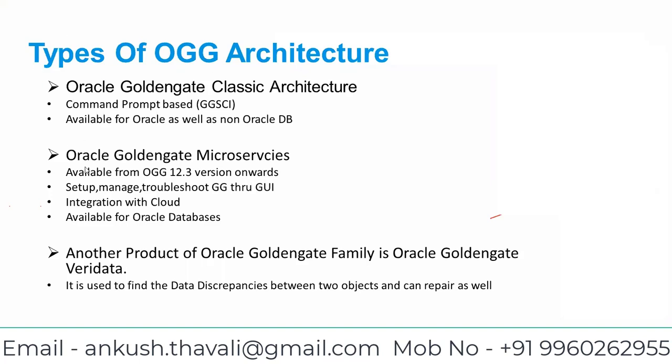Overall, these are the architectures, classic architecture and microservices architecture. Under classic architecture, you have different types of extracts and replicates. Similarly, under microservices, you have different types of extracts and replicates. There are two types of extracts, classic and integrated, which are available in both classic and microservices. So you can choose any to configure Oracle Golden Gate if it's supported in the classic or microservices architecture.